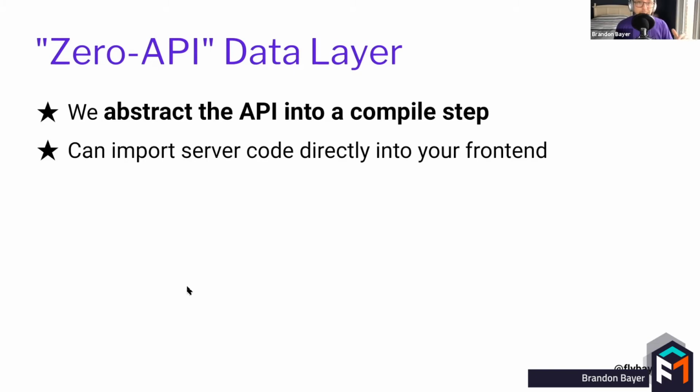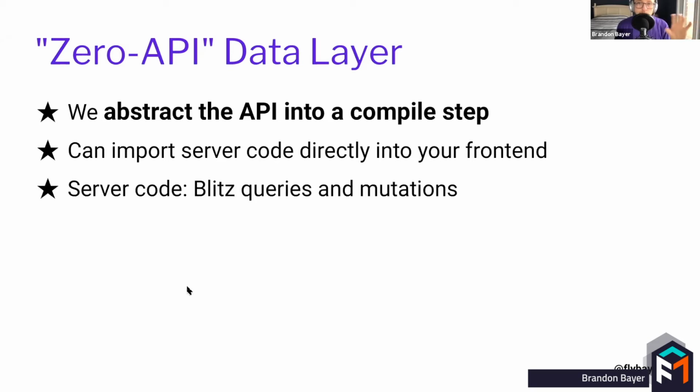All right. So this allows you to import server code directly into your front end. Okay, it sounds crazy. But what happens is that at compile time, we compile that thing out, and so your server code never ends up in your front end, but we swap in our API implementation. So what you're going to write mostly in Blitz for your server code is Blitz queries and mutations. These are not GraphQL.